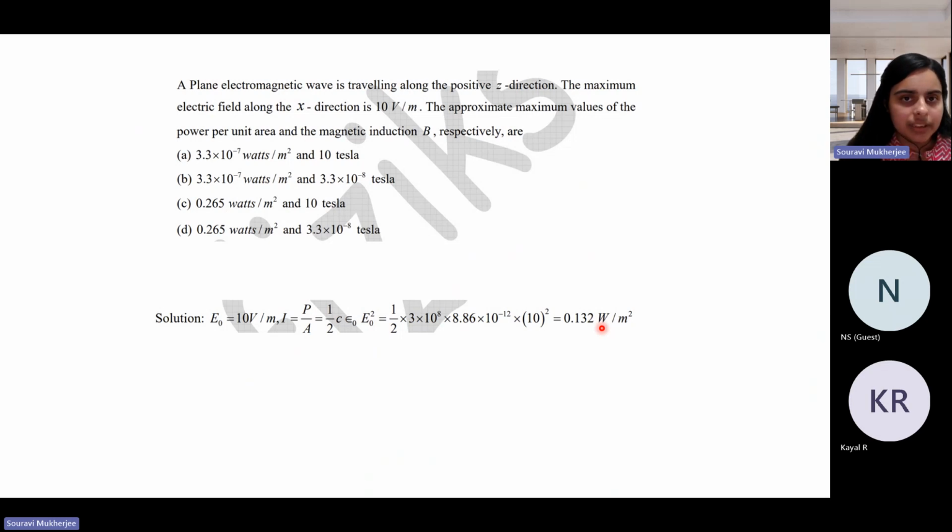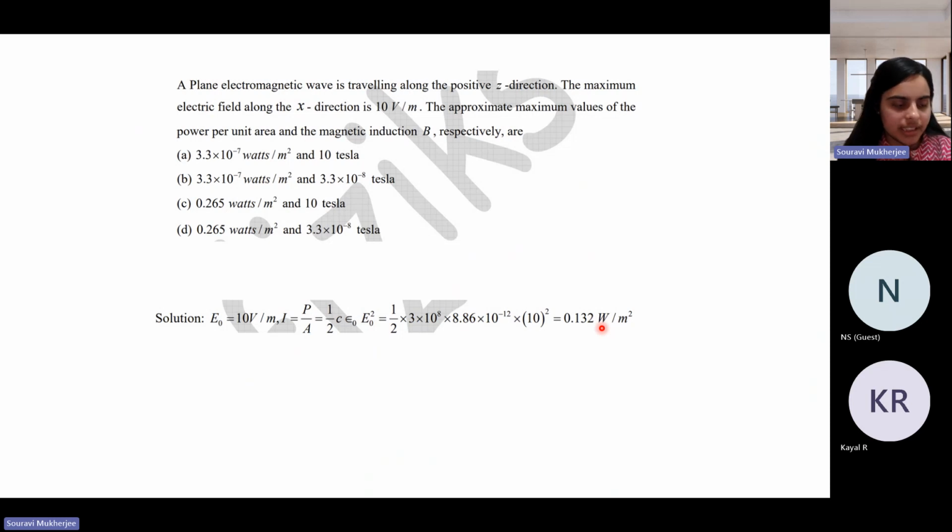Now, what is the magnetic field induction? You need to use the relation of how electric field and magnetic field components are related to each other. Use the relation that curl of E is equal to minus del B by del t, and consider that the time dependence goes as e to the power minus i omega t, and the spatial dependence goes as some k dot r, or kz, for the electric field in this case.